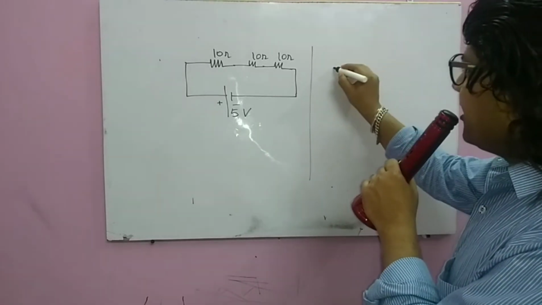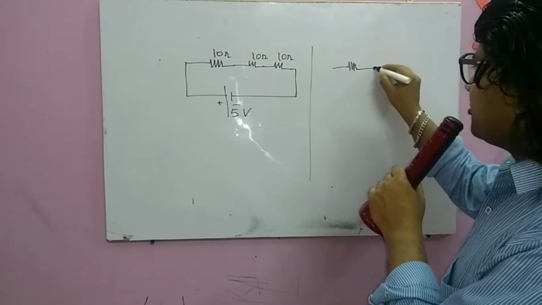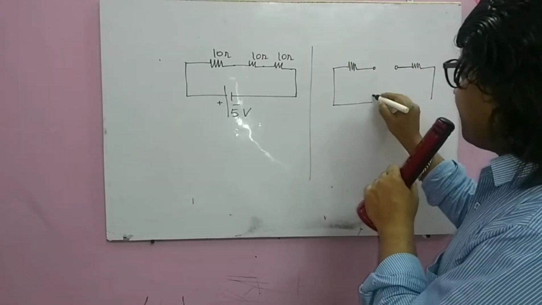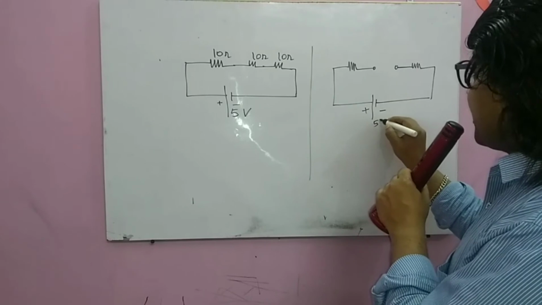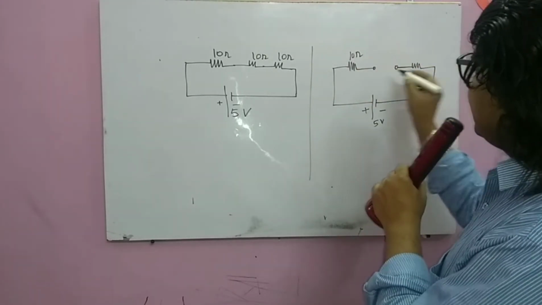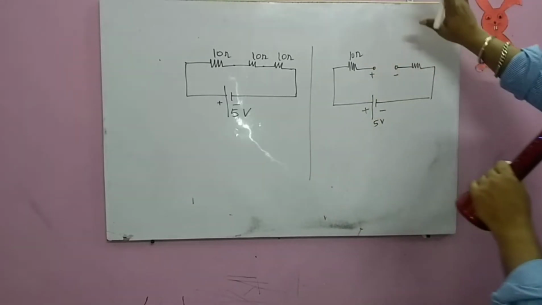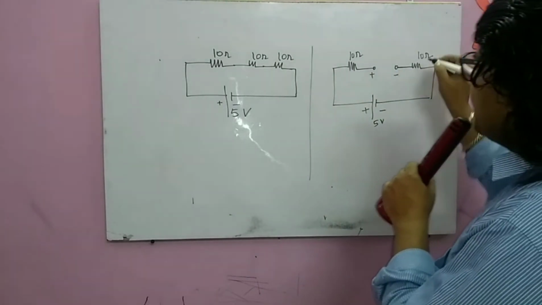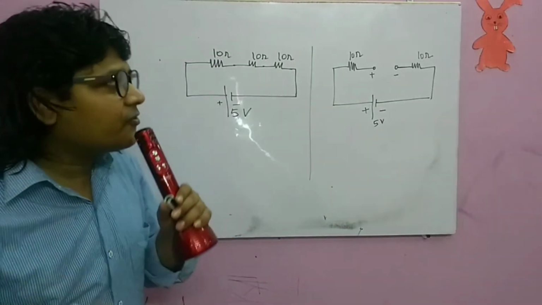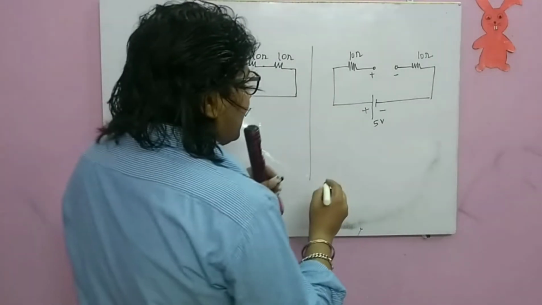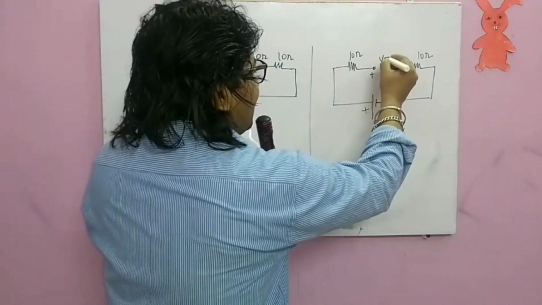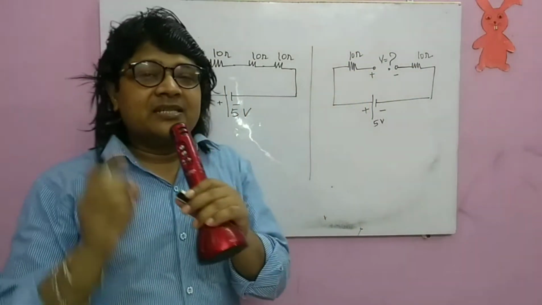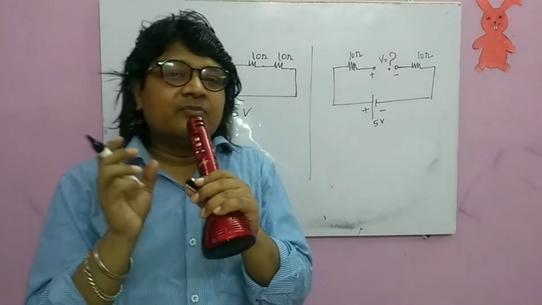And second thing, if one of the resistors, let us assume this 10 ohm resistor, was removed from the circuit, with this plus and this minus, then we were asked what is the voltage across this terminal, the terminal of the removed part?